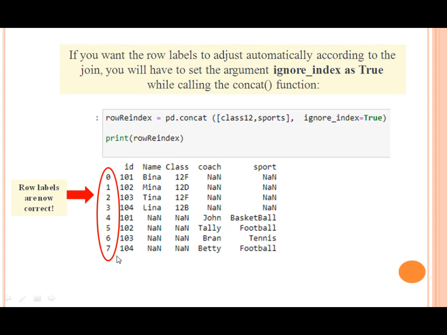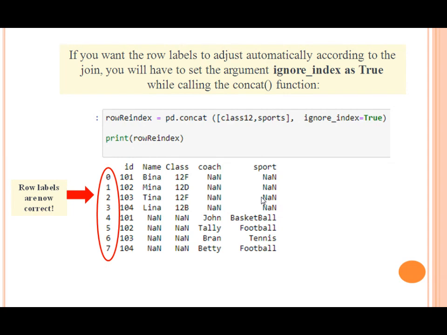So actually joining is happening according to the tables. See, in class 12, ID, name and class are present. The data is available here. And coach and sport are not present. So NaN values appear. Similarly, in the sports data frame also, ID is present, so it is merged in the previous column, and name and class are not present, so NaN values will appear there.